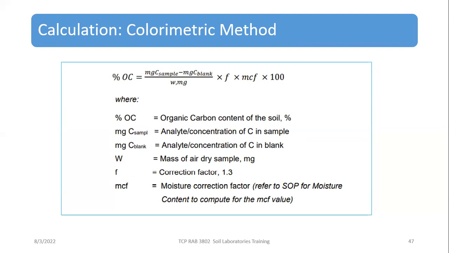MgC sample is the analyzed concentration of C in the sample. MgC blank is the analyzed concentration of C in the blank. Weight is the mass of air dry sample in milligram, and F is a correction factor, and MCF, as the previous one, is the moisture correction factor.